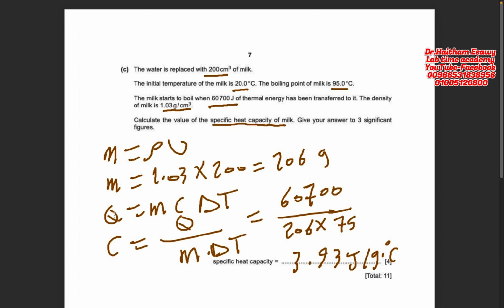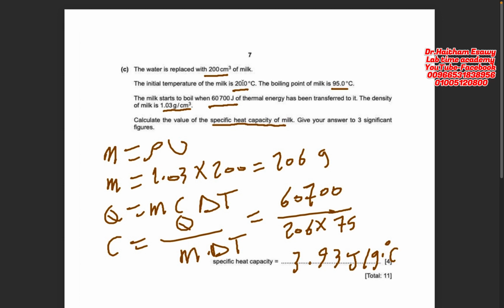Actually, here we have Q equal m times c times delta T. So if I want to get c, c equal Q over m times delta T. Q, which is 60,700, over m, which is 206, times change in the temperature, which is what?